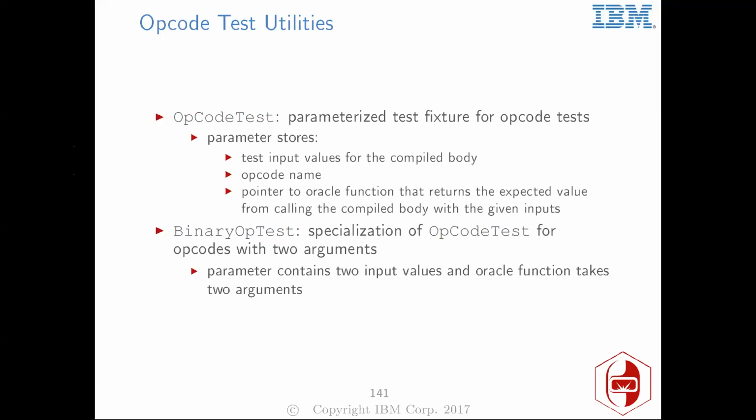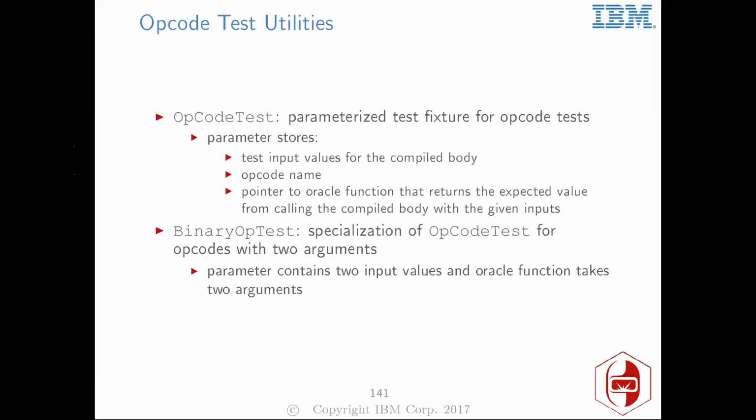Because opcodes can have more than one child and therefore more than one input. The name of the opcode we are going to test, and an oracle function that we expect to return the same value that we get when we call the compiled body with the opcode we specified in the test parameter. Does that make sense?